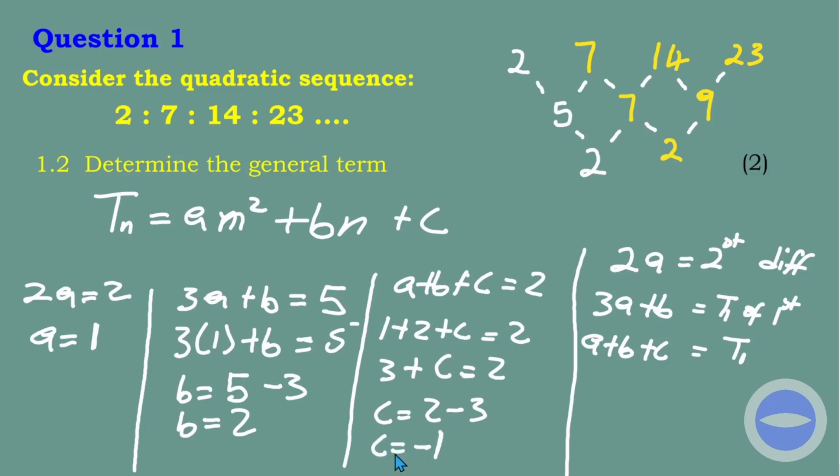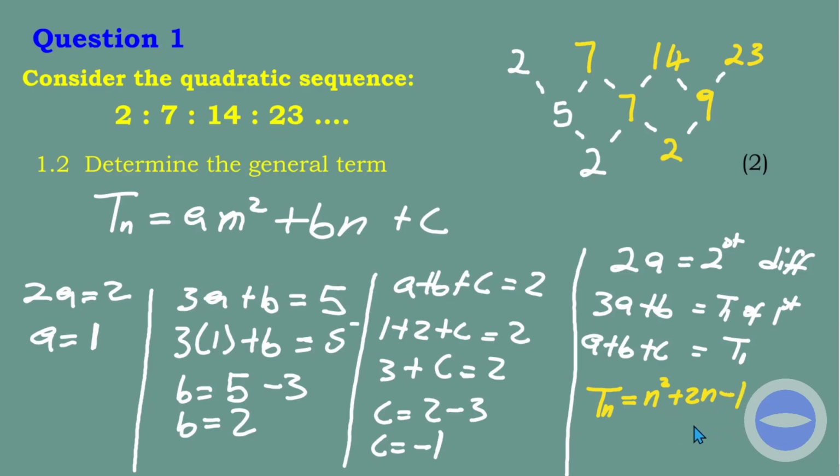So now we have the value of a, the value of b, and the value of c. So our general term, and let me put another color here, our general term is Tn equals, a is 1, so we have n squared, b is 2, so plus 2n, and c is -1, so minus 1.